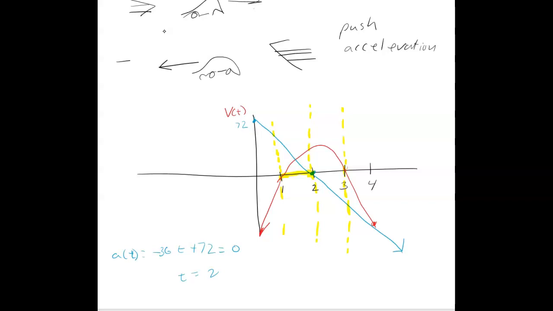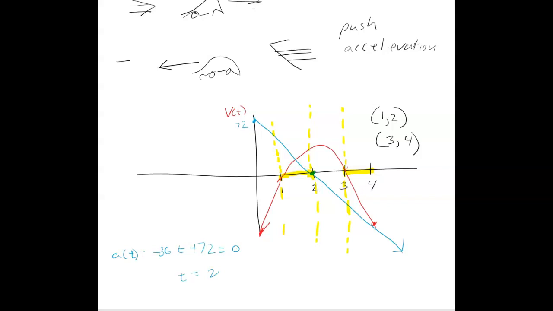But here, the red is negative and the blue is negative, so from 3 to 4, I'm speeding up. So my object is speeding up on the interval from 1 to 2. And again, I do not include the endpoints, because at 1 and at 2, it's neither speeding up nor slowing down. And from 3 to 4.